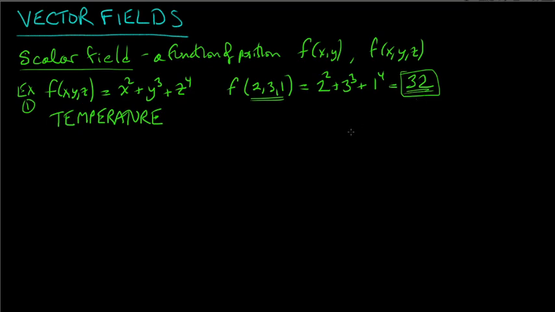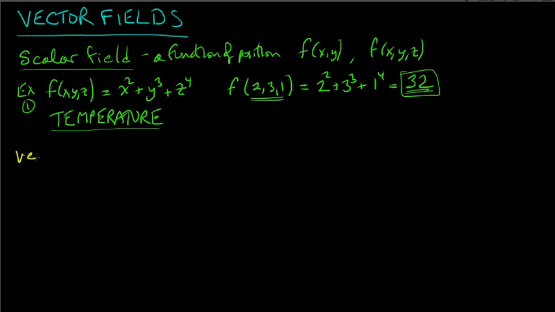It'll probably be about the same. But if you move your thermometer 200 miles south of here or 300 miles north of here, you can expect the temperature to change significantly. So temperature will depend on where you are. It's a good example of a scalar field.